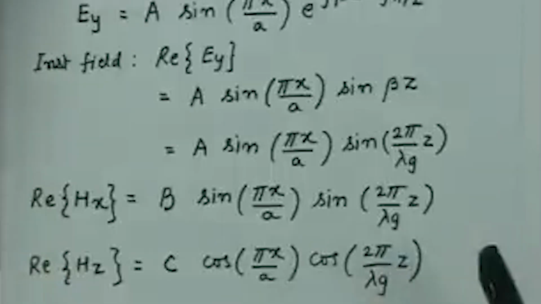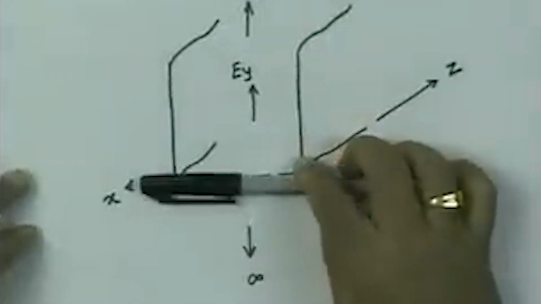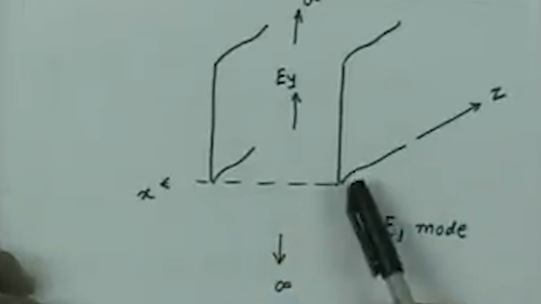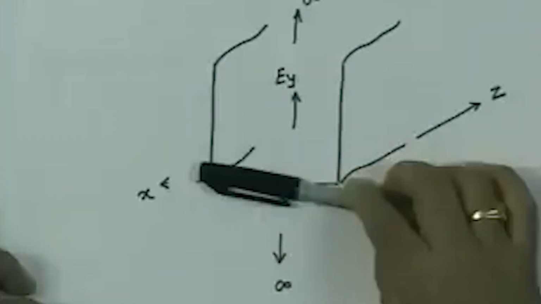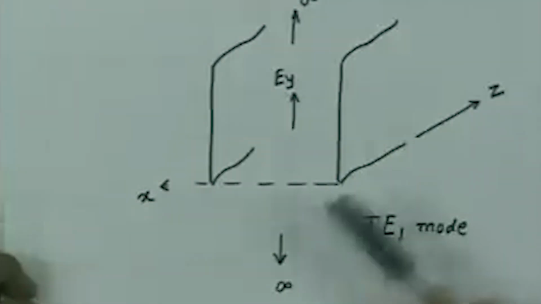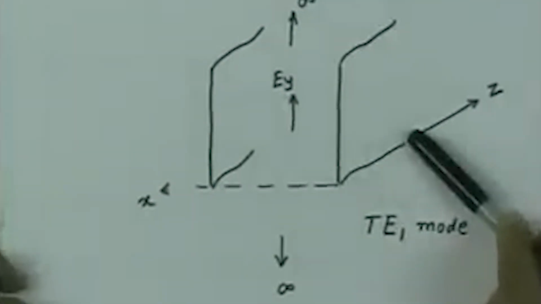So, in space we are having two components now, the H x component and the H z component, and H x component is having a sign variation. So, if I take this point as z equal to 0, H x is 0 at this location, but H z is maximum at this location. If I go a distance of lambda g by 4 on this, at that location H x will be maximum, but the H z will go to 0.